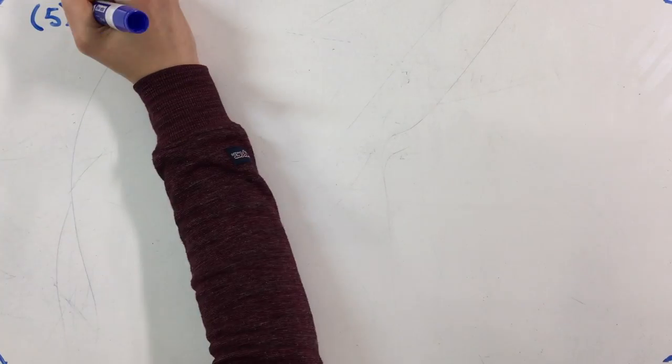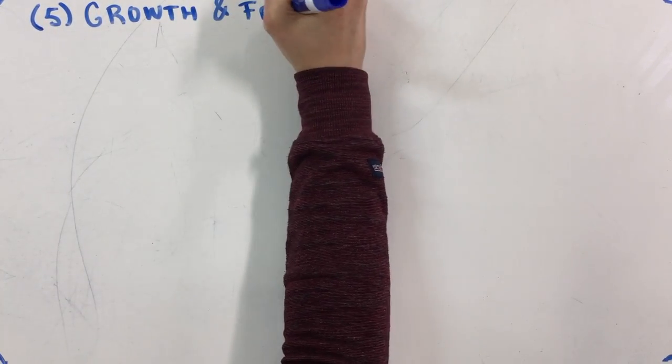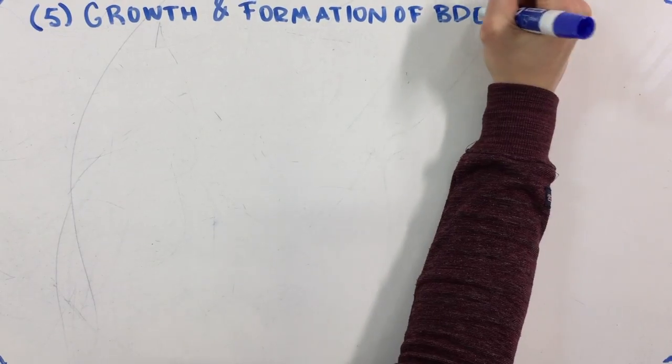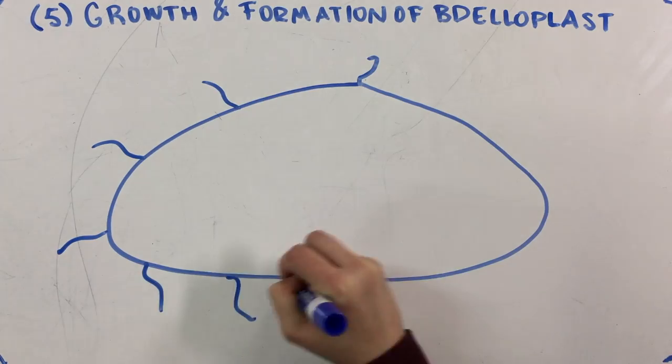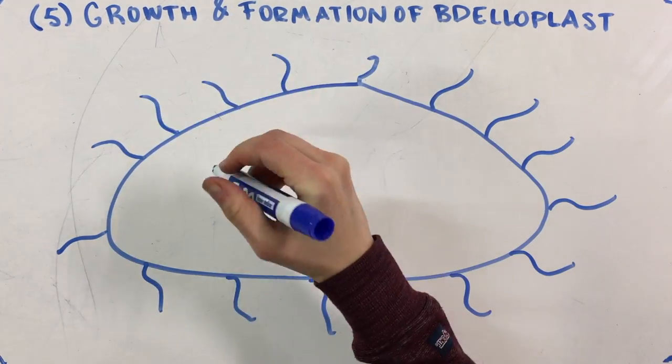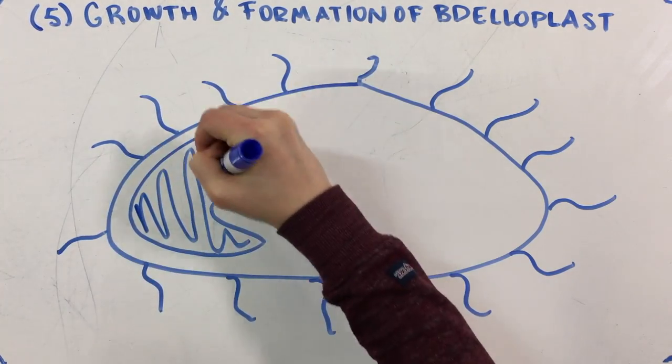The BV and host complex is then called a bdelloplast, and BV grows in a filamentous fashion from either end, replicating its DNA within the periplasm by capitalizing on the host cell's cytoplasmic nutrients.